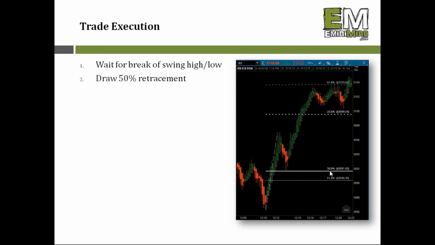So we're just left with the 50%, 61.8, and the negative 23. This negative 61.8 I use as sort of an extension target. So if the market really gets screaming and it goes beyond the negative 23, then we have the negative 61.8 as sort of our next target.